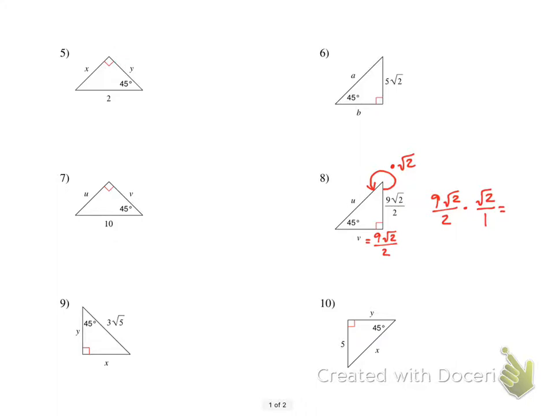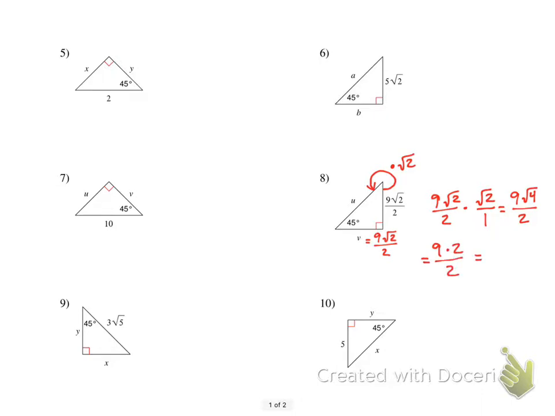So if I multiply that out, the numerator is 9 square root of 4, and then the denominator is just going to be 2. All right, and then simplify from here. We know the square root of 4 is 2, so it's 9 times 2 over 2.